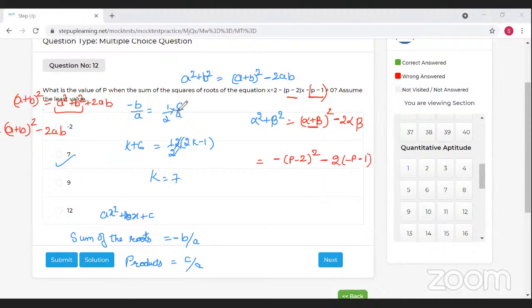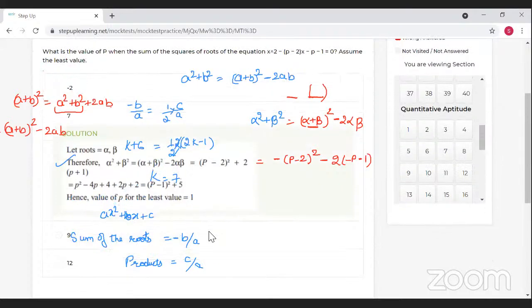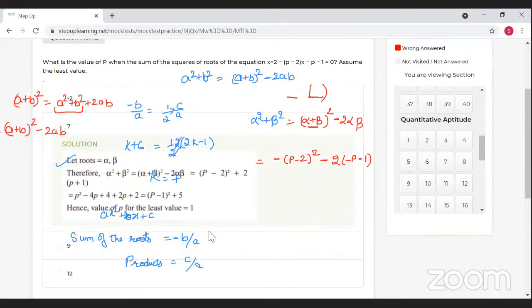But what do we have to equate it to? One minute. What we need to equate it with? (p minus 2) whole square plus 2. Yeah, this will be minus minus plus 2. So then you have to equate it.